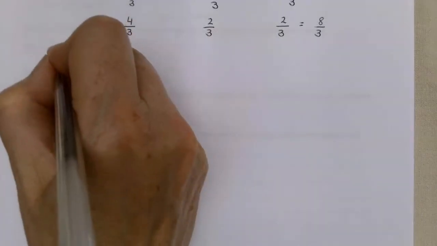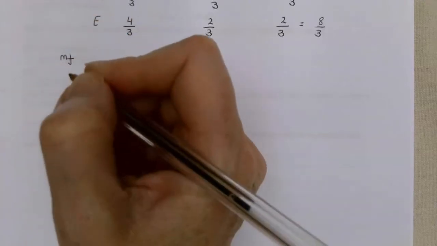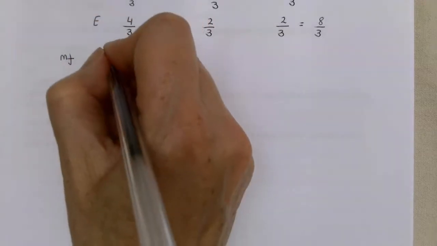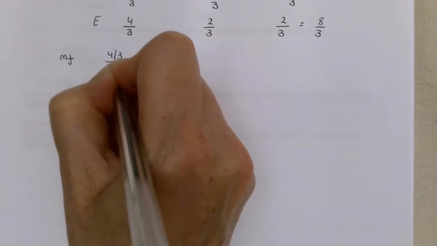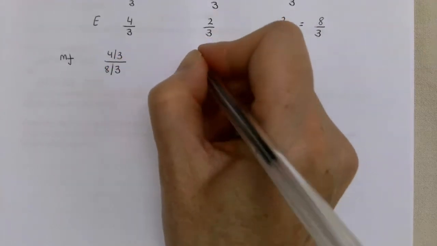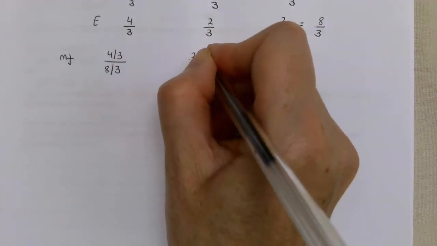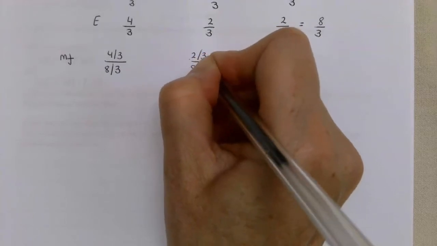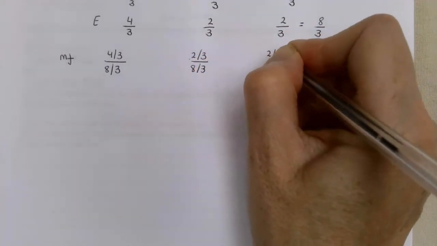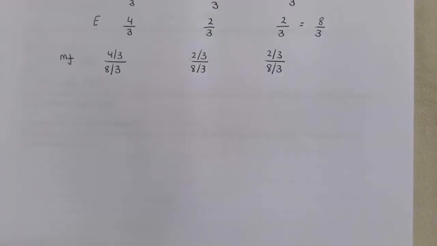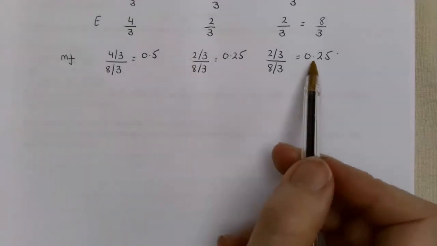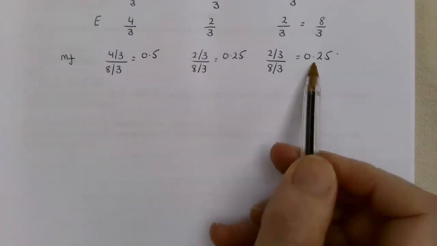Now I'm just going to work out my mole fraction. So that's going to be 4/3 divided by 8/3, and this is 2/3 divided by 8/3, and again 2/3 divided by 8/3. So I've worked out there my mole fractions.